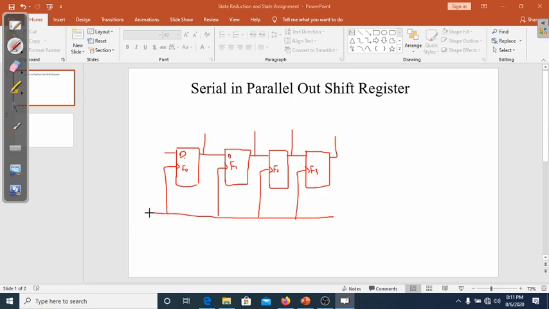Now in this case, suppose I have 4-bit data, which is 1, 0, 1, 1. On the first clock pulse, this data will enter serially. So this would be the input of this flip-flop. Suppose initially the outputs are 0, 0, 0.